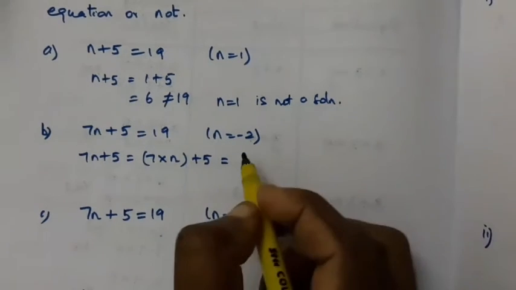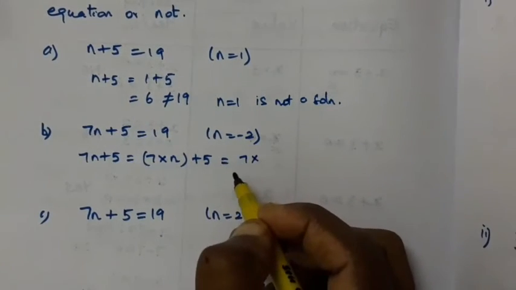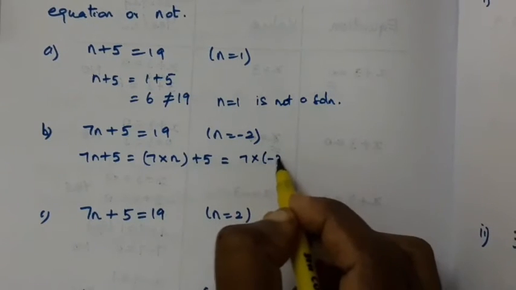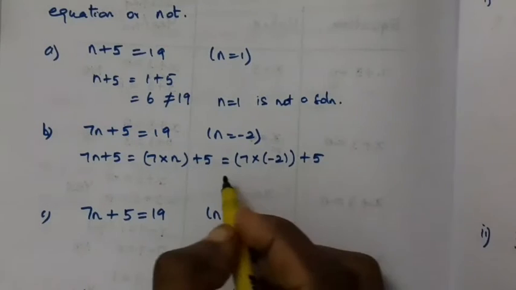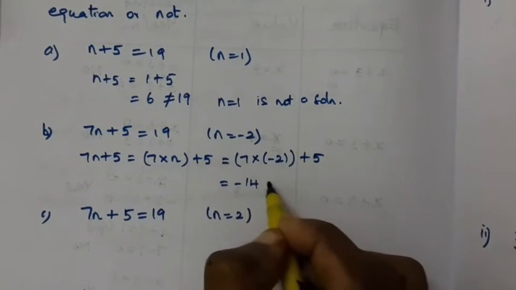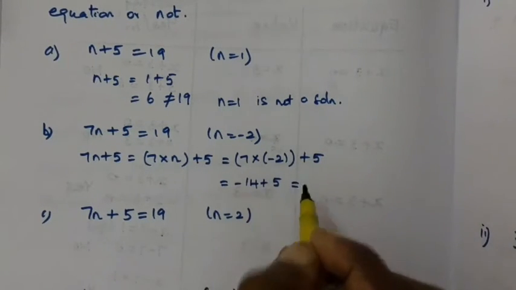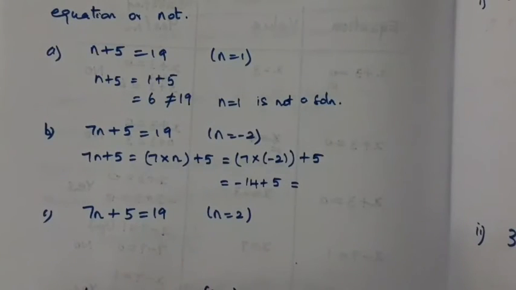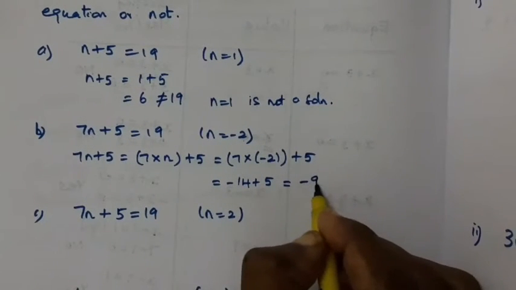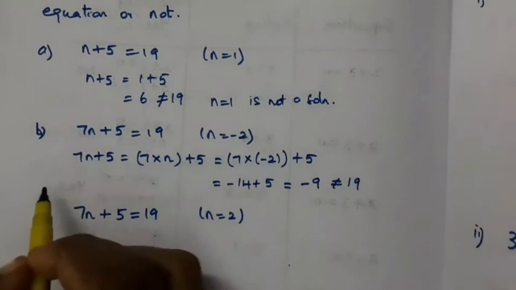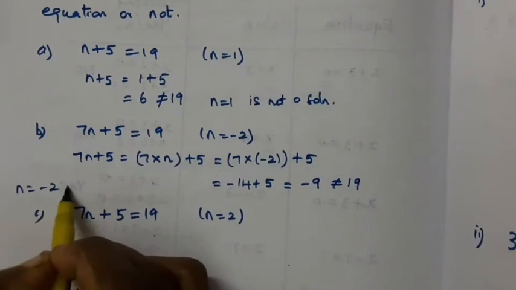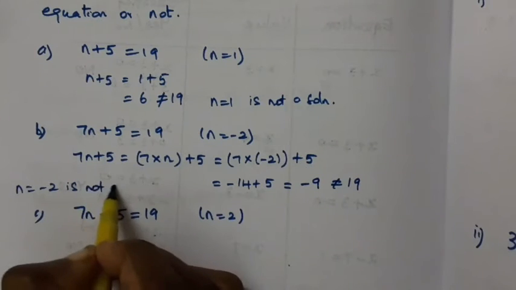Instead of this n, you have to write minus 2. So 7 multiplied by minus 2 is minus 14, plus 5 is minus 9, which is not equal to 19. So n equal to minus 2 is not a solution.